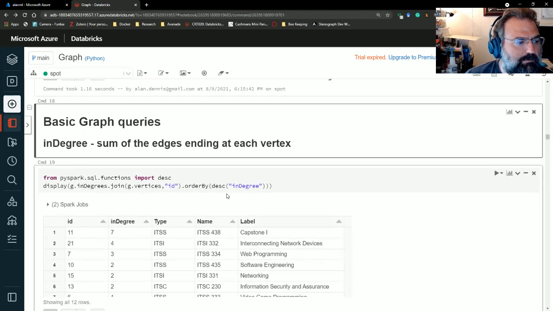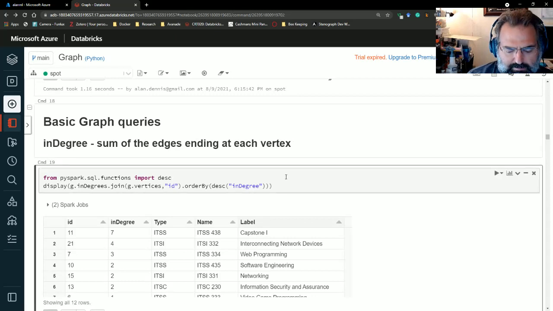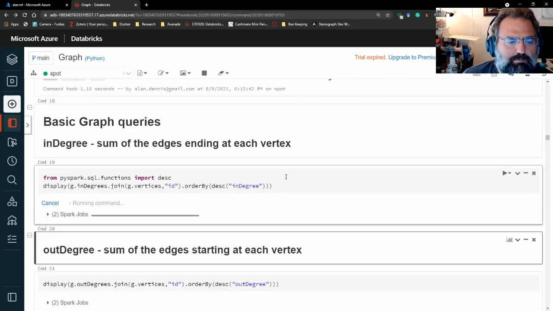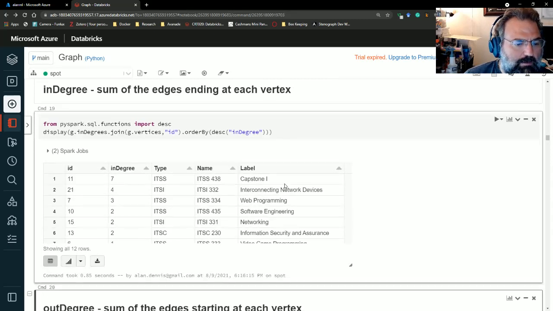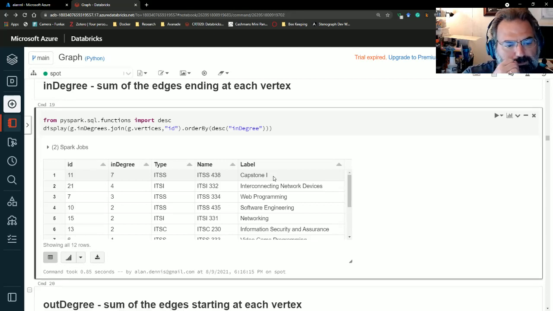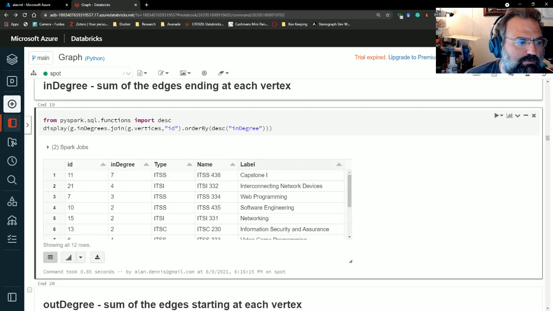The same thing is the in degrees. This lets us know how many things are pointing at a given item and order them in decreasing fashion, right? So capstone number 1 has 7 things pointing at it in this set of data, and that's what this query here is doing.